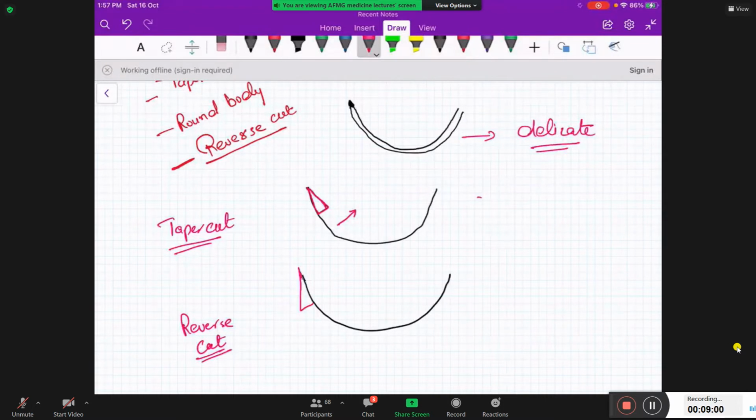For delicate structures like intestine, vessel, subcutaneous layer, fatty layer, we just need an entry point. And once we enter, the tissue is not going to offer any kind of resistance whatsoever. So for such delicate structures, we use a round body needle.